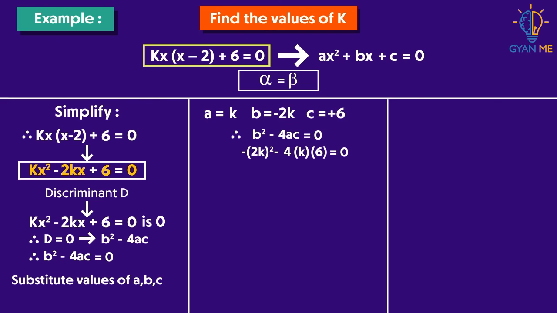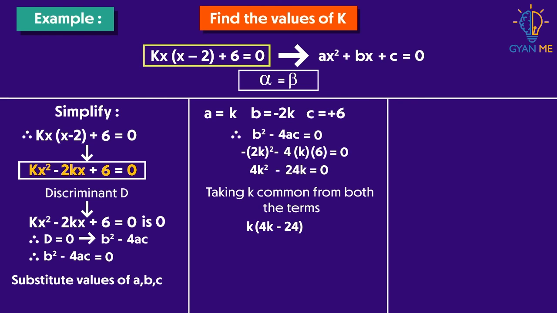On solving, we get 4k square minus 24k equal to 0. Now taking k common from both the terms on the left hand side, we get k into (4k minus 24) equal to 0. Transpose k to the RHS and we get 4k minus 24 equal to 0. Therefore, 4k is equal to 24 and k is equal to 6.